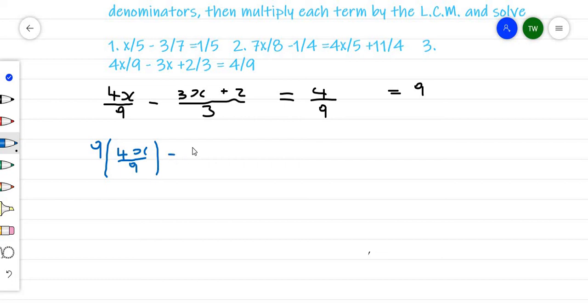Then we're going to use 9 to multiply our second term, which is 3x plus 2. All of that divided by 3. Then we're going to use 9 to multiply our last term. So it's going to be 9 times 4 over 9.